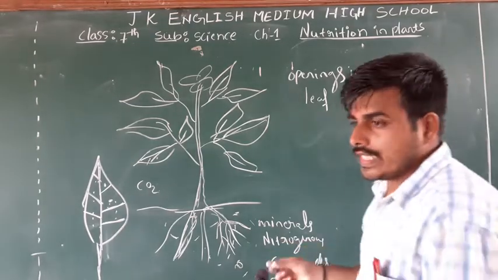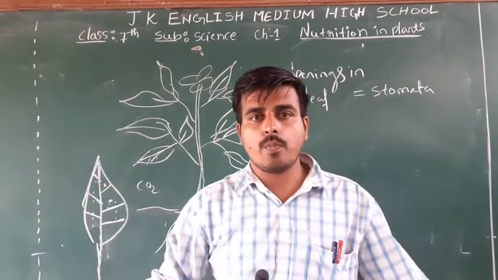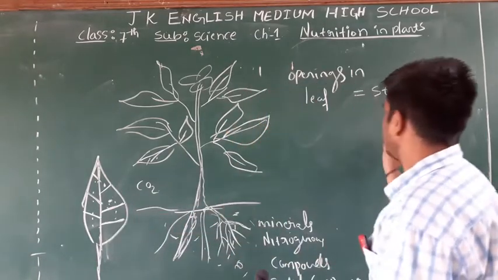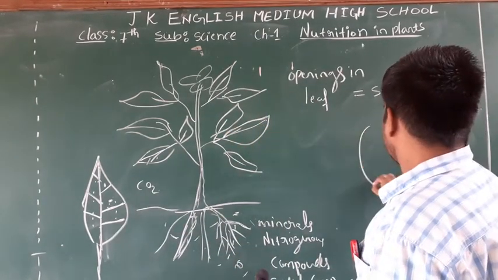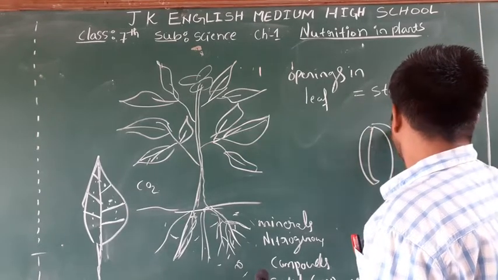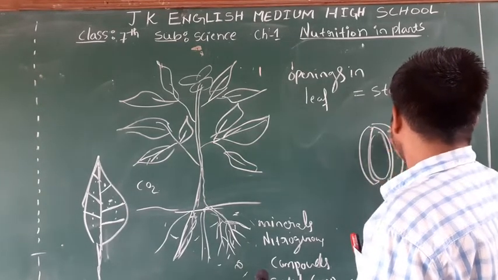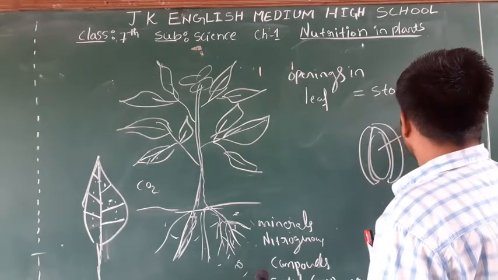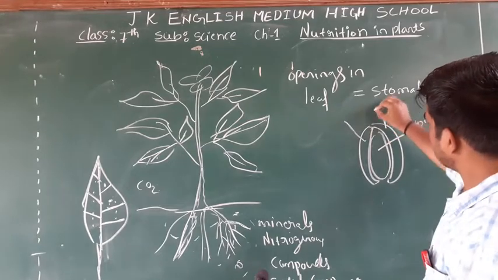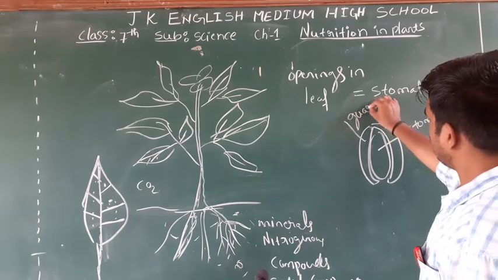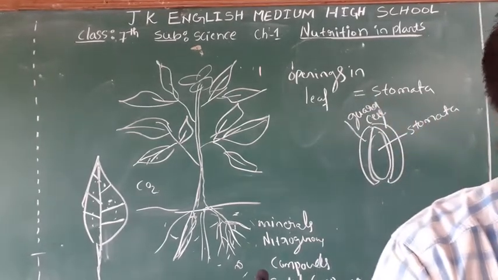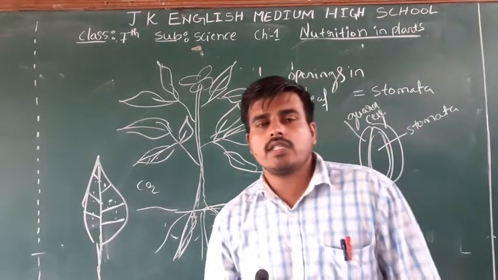And the cells which control the opening and closing of that stomata are known as guard cells. I will draw this. They are like a kidney, and this is an opening. This is known as a stomata, and these two are known as guard cells.